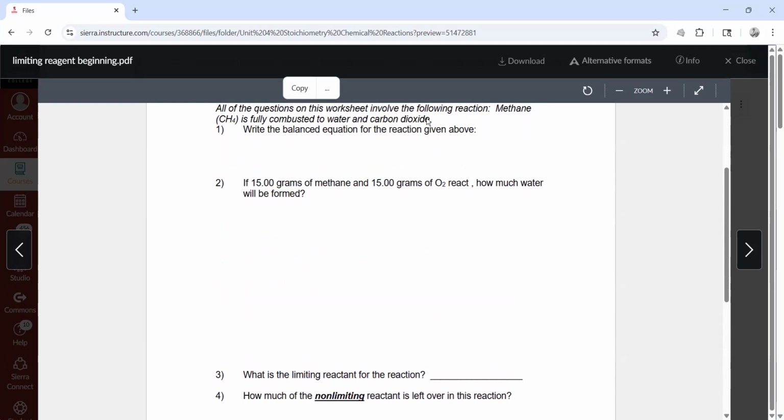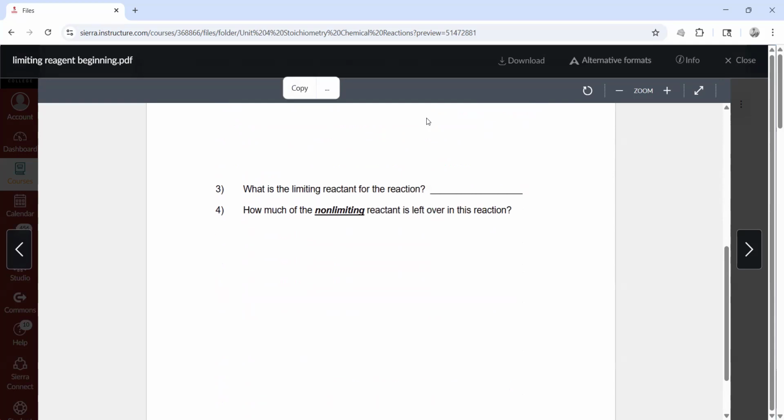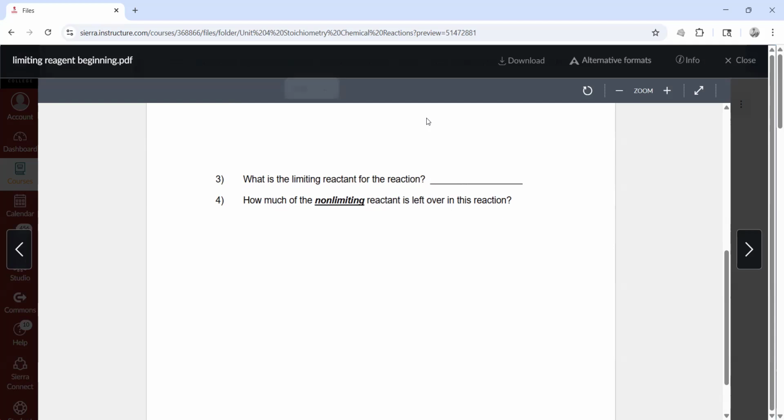So here you're going to write two calculations to determine product, which is water in this case. What's the limiting reactant based on which product is less? How much non-limiting reactant is left over? You have to do a third calculation, determine how much you used, and then subtract that from what you started with. That'll be the answer here.